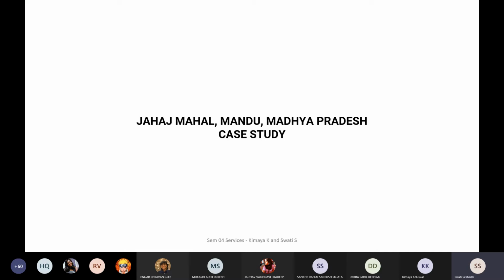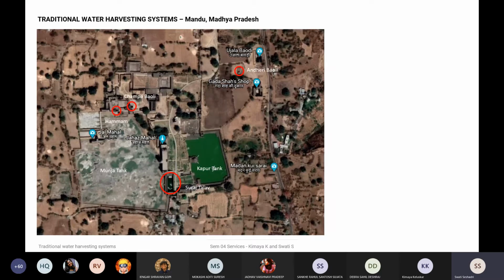A lot of it you can see if you go to Mandu during the monsoon or towards the receding monsoon, when all the wells are thriving. A lot of the tanks are not functioning anymore, of course, but some of them are alive and working.